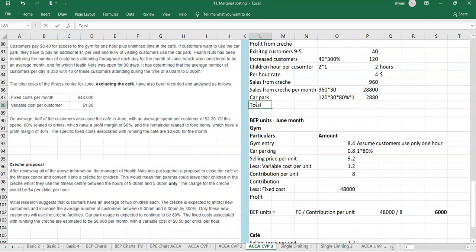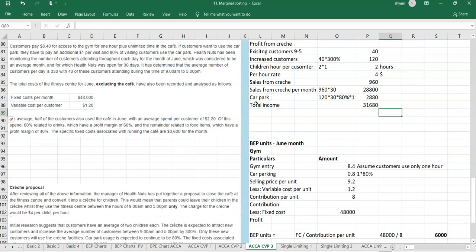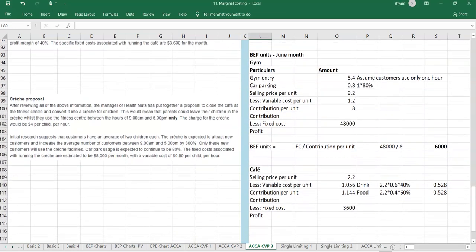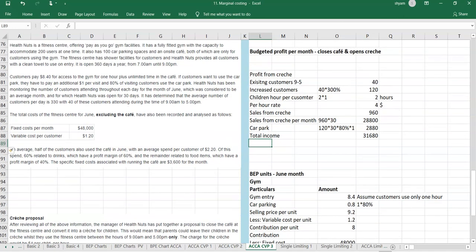Okay, so we got the total income. So let's get the expenses.